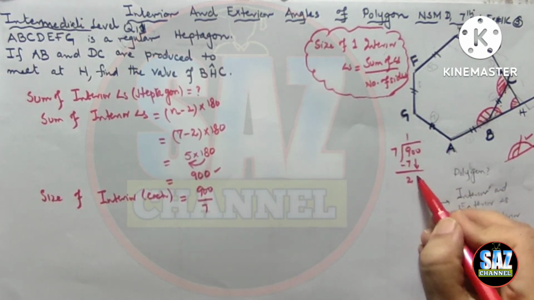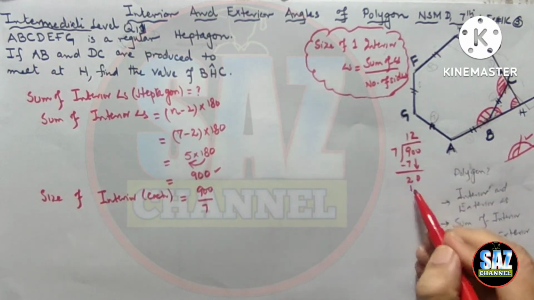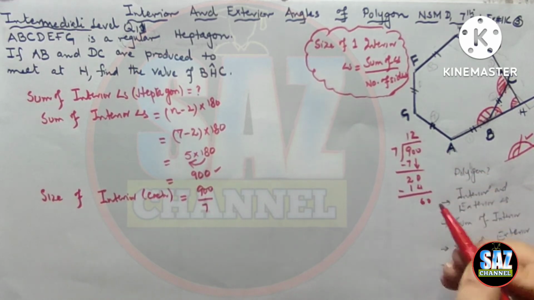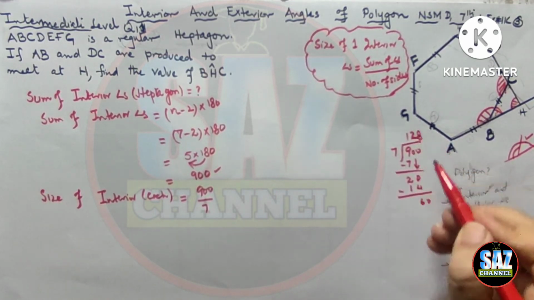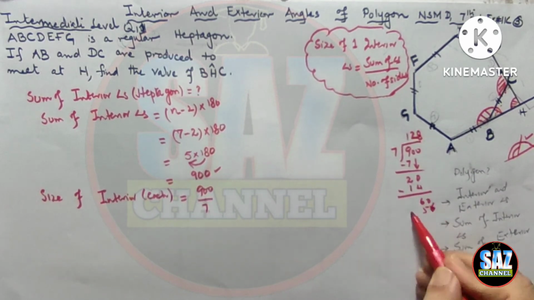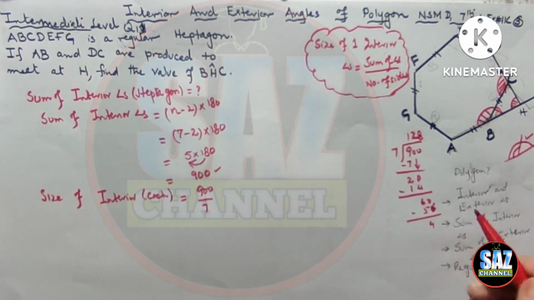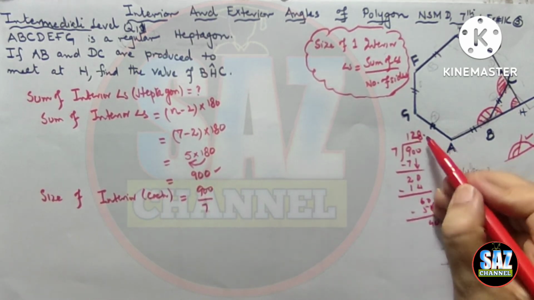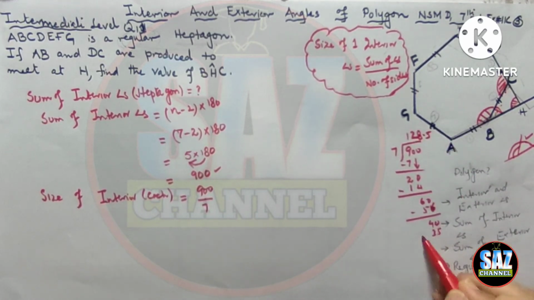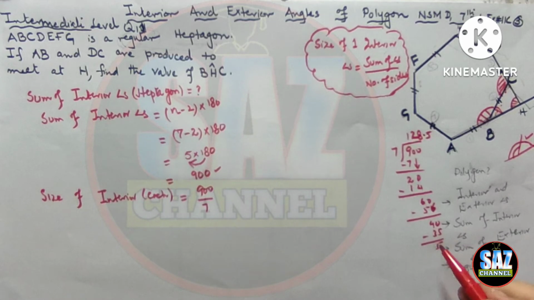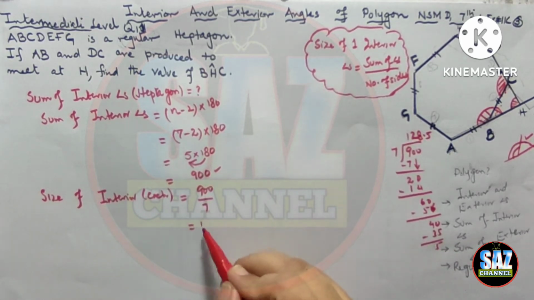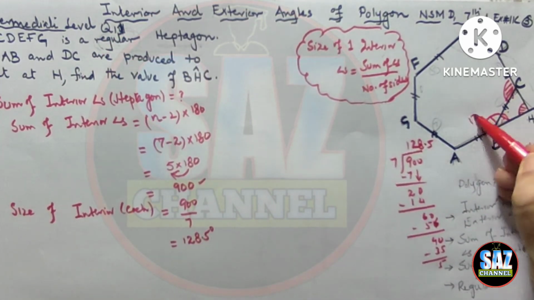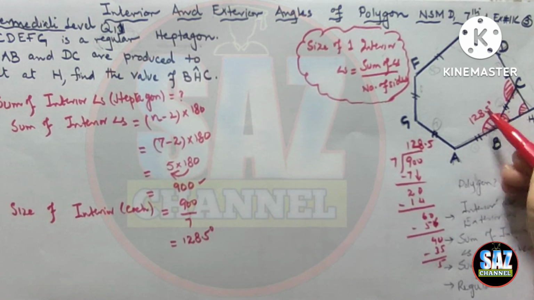I have to bring 0 down. 7 2s are 14, and then 20 minus 14 is 6, and then I have to bring this 0 down. 7 8s are 56, and I'm left with 4, and then I can put the decimal here and make it 40. 7 5s are 35, and 5 is the remainder, so it will be around 128.5 degrees. So the size of one interior angle is 128.5 degrees.